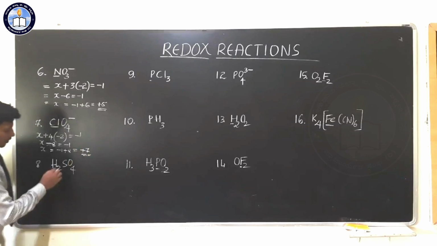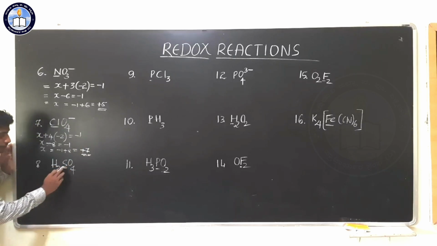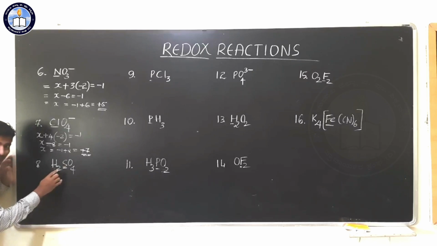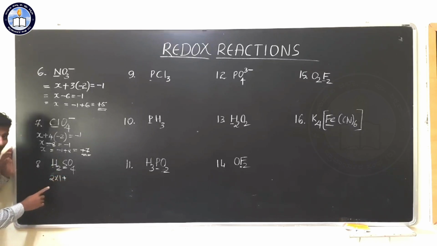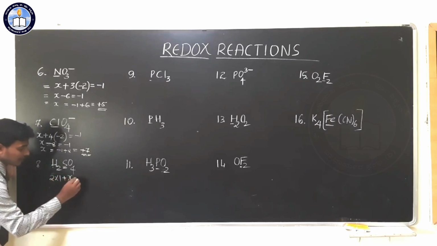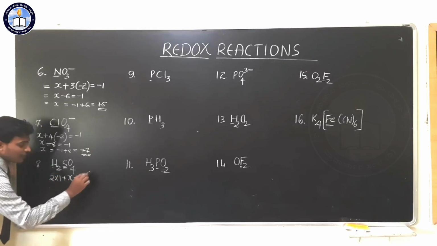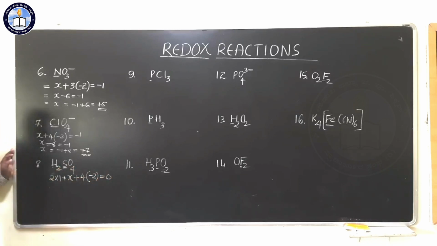Next one, for sulfur: how to find the oxidation number for sulfur in sulfuric acid? It's very simple here. There are 2 hydrogen atoms, 2 into hydrogen value plus 1, plus sulfur, which is x, plus 4 oxygen atoms, 4 into oxygen value minus 2, equal to 0.